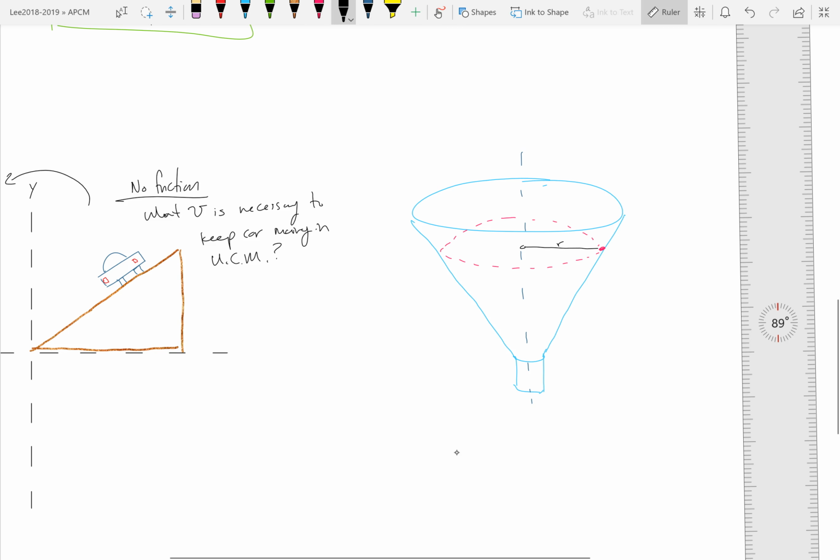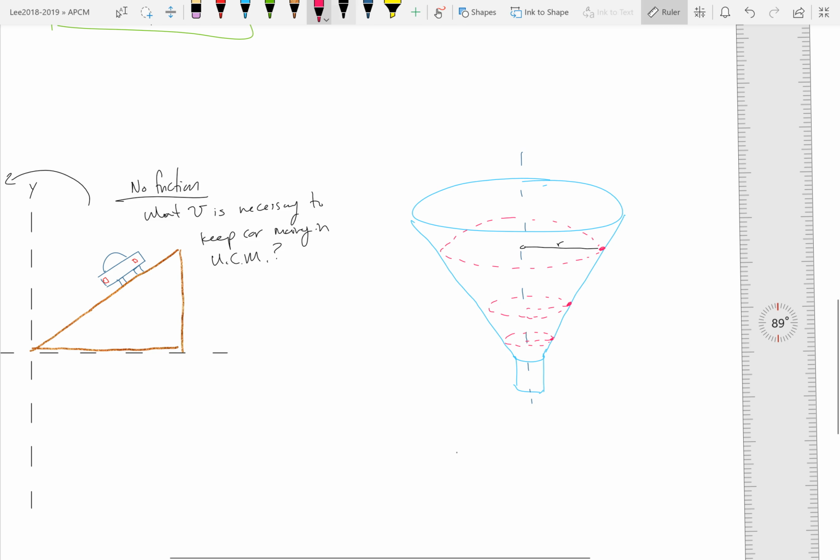And you can see that there's some sort of incline there because look, the side of the funnel is at some angle. And I could draw a bunch of these at a lower distance. Right, there's the circle there, and then at a lower distance, the radial distance has changed. So you can imagine that it's doing a circular path, but it's at some sort of incline.